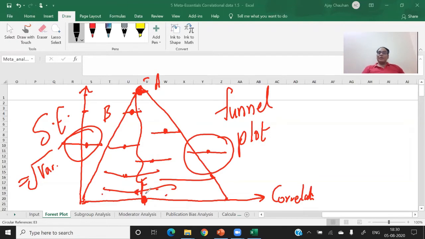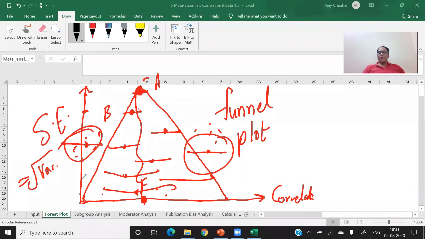Only those studies with very low sample size and large variance will scatter here and there. We want to find out whether most of the studies are coming outside this funnel. This is a measurement of bias. It means your study may be biased because your studies have a lot of heterogeneity, and because of this you may have publication bias. So this is the logic of the funnel plot.